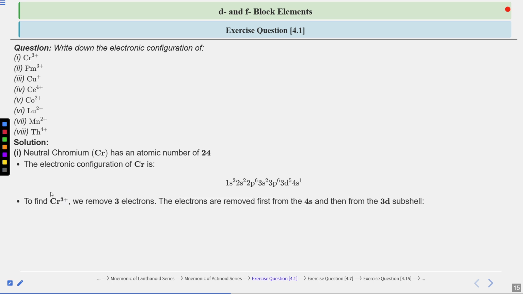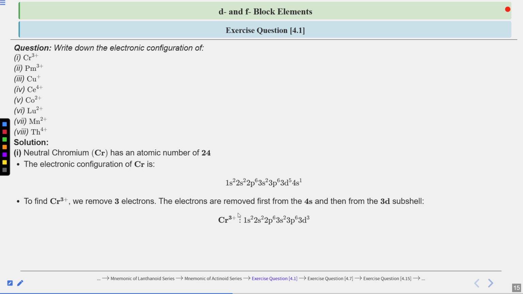And to find the chromium 3 positive configuration, we have to remove 3 electrons, right? Having 3 positive charge means 3 electrons are donated or lost by the chromium. So when you remove 3 electrons, they will be removed first from the 4s orbital and then from the 3d subshell.